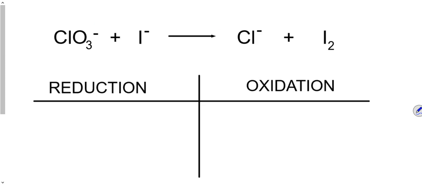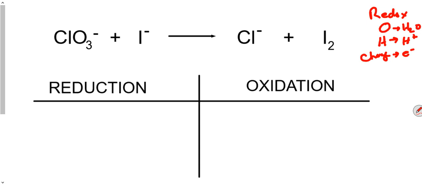Okay, let's take a look at an example of what's going to happen with this. Again, I'm going to put the steps up to the side here in red. We're going to do the redox species first, then oxygens using water, hydrogens using protons, and charge using electrons.